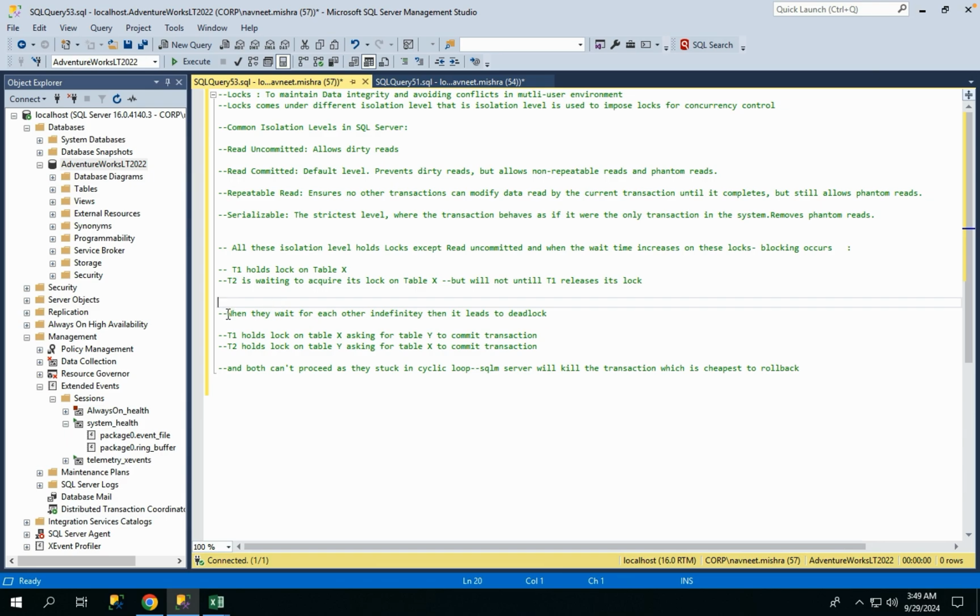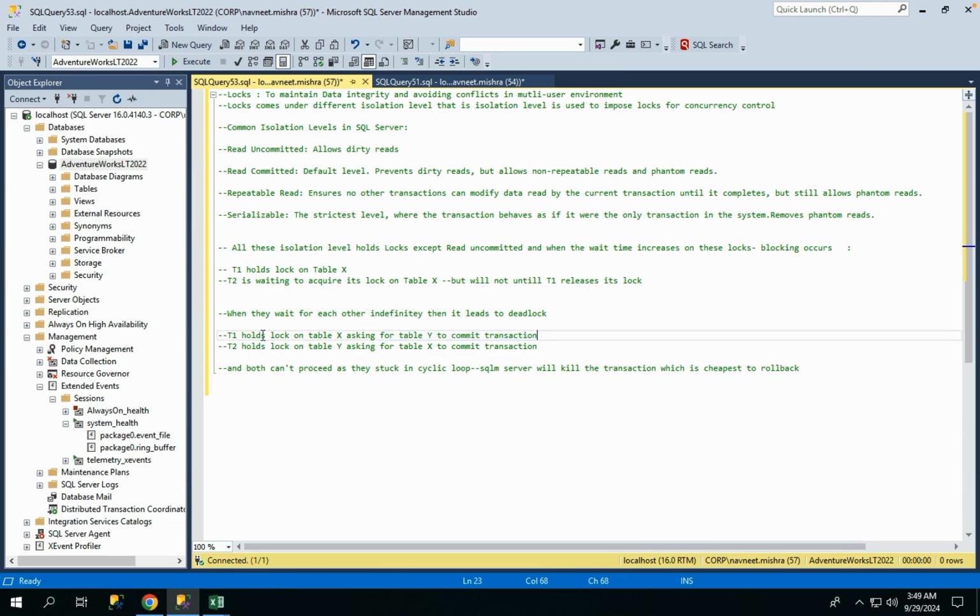Now how is blocking related to deadlock? Suppose this blocking is between two processes on the same resource. Transaction 1 locks table X and is requesting table Y to commit the transaction.